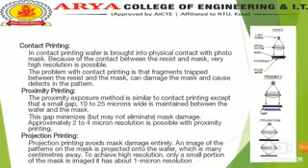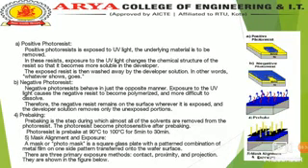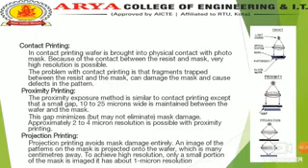Now the three methods. The first is contact printing. In this, the wafer is brought into physical contact with the photomask. Because of the contact between resist and mask, very high resolution is possible.